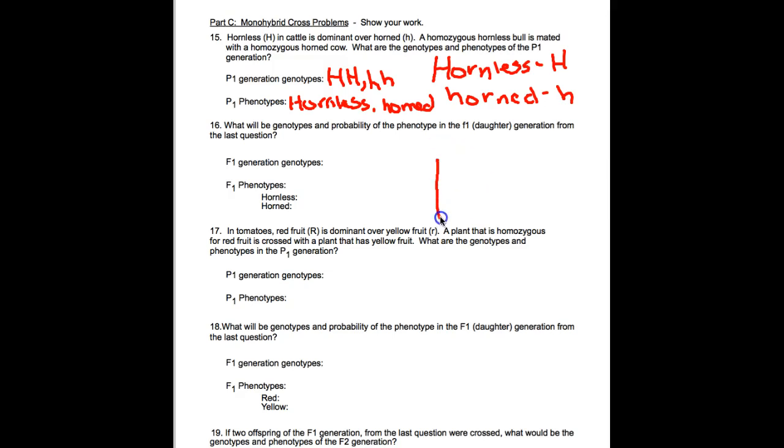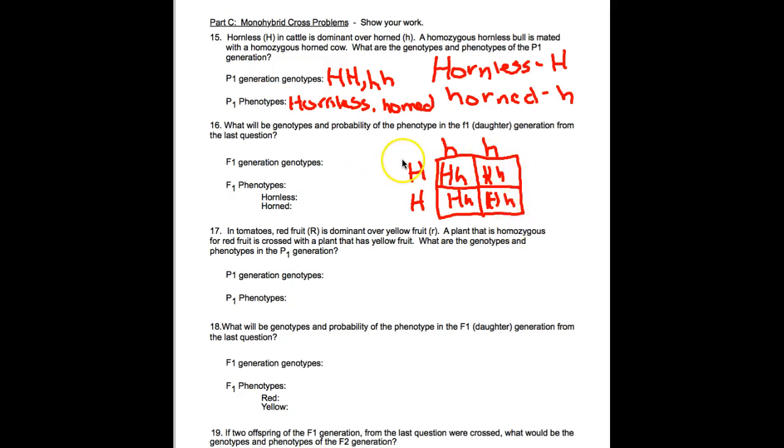So let's make a Punnett square, and we will put the parents' genotypes, big H, and the offspring could potentially have big H, little h, big H, little h, big H, little h, big H, little h.